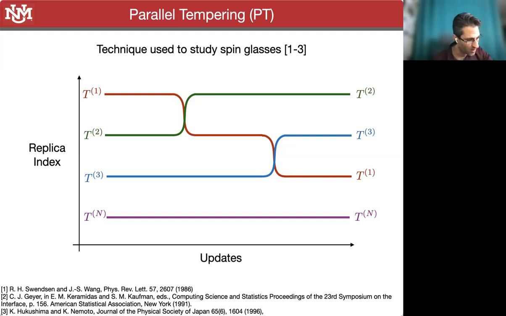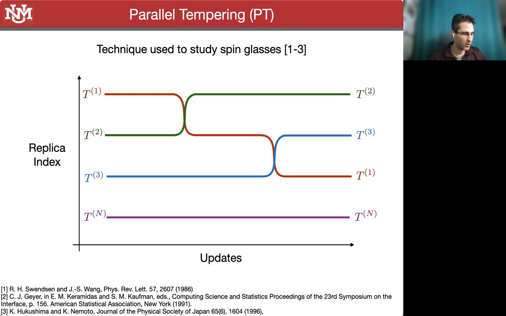Whereas the replicas that are operating at very low temperatures are kind of stuck in a local minimum. And so when these swaps happen, the configurations at higher temperature are getting moved to the systems at lower temperature. And that sort of mimics getting kicked out of a local minimum.